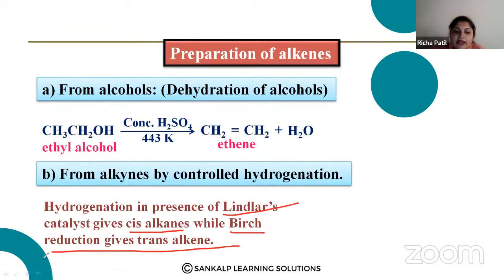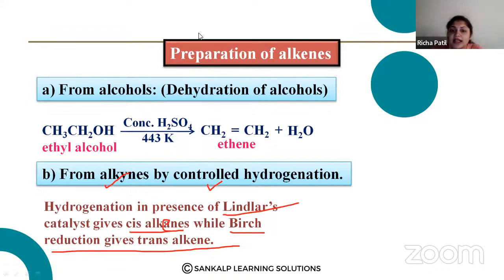So if you want cis alkenes from controlled hydrogenation, Lindlar's catalyst gives cis alkenes, while Birch reduction gives trans.